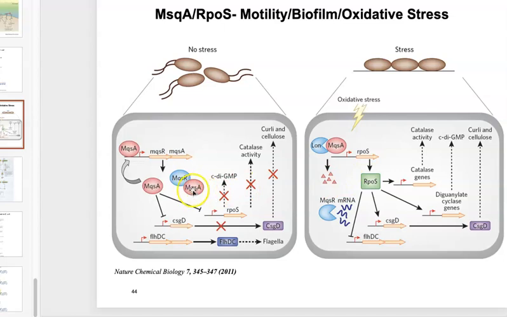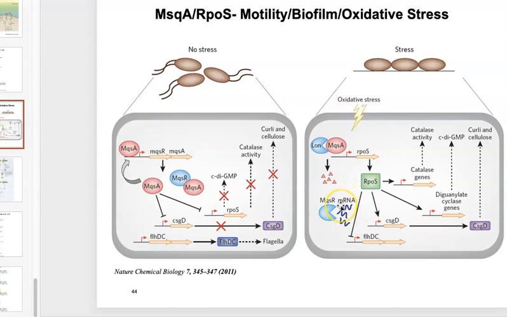Getting rid of MqsA also allows MqsR to become free. And MqsR is an RNA nuclease, and so MqsR can eat up any messenger RNAs that get expressed, for example MqsA messenger RNA.